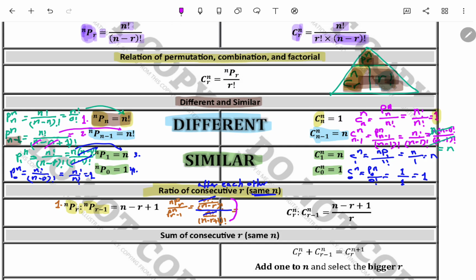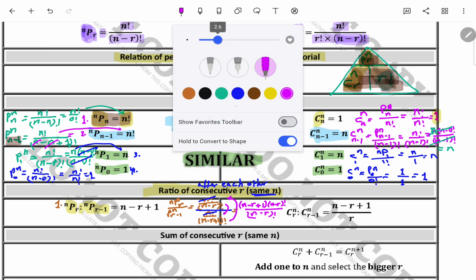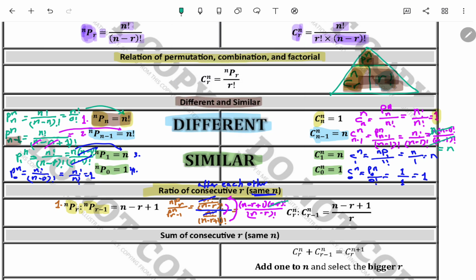This goes up and this becomes here. That will give you n minus r plus 1, which is the biggest. I can expand it also to be n minus r plus 1 and then n minus r factorial divided by n minus r factorial. Now we can cancel them easily like this to get n minus r plus 1, which is your rule now. So this is what we get, n minus r plus 1.